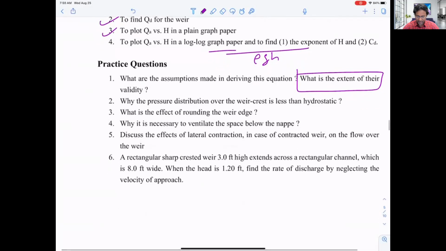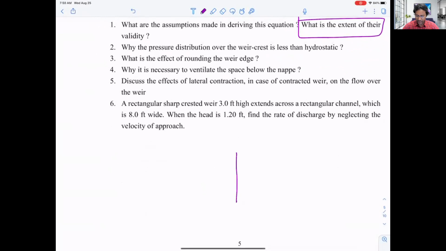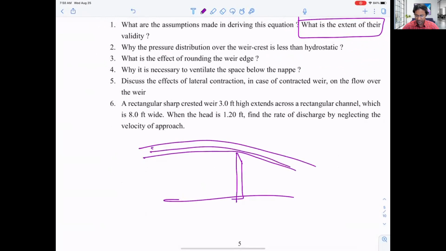And why is the pressure distribution over the weir crest less than hydrostatic? Definitely because we have the sharp-crested weir, and it is flowing this way. It won't be hydrostatic because we have velocity here, but we don't have velocity there. We also have height h, but we don't have velocity.